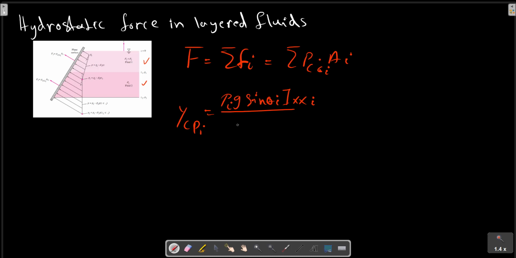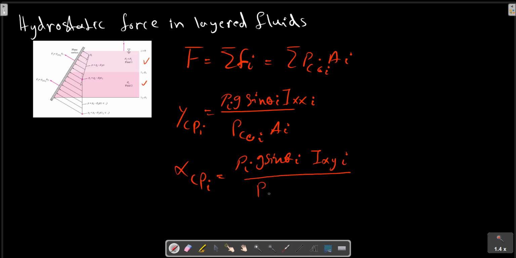For each component we can calculate for each fluid P CG i, A i, and the X center of pressure equals rho i g sin theta I xx i, multiplied by A i.